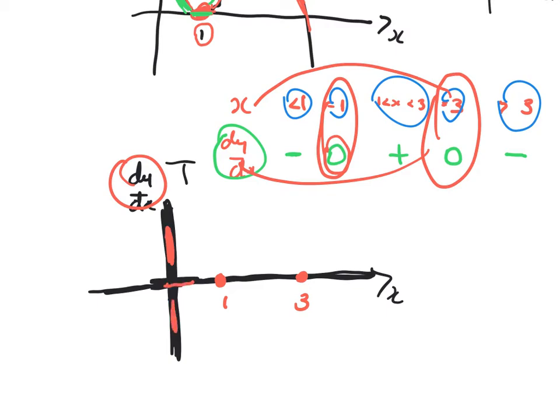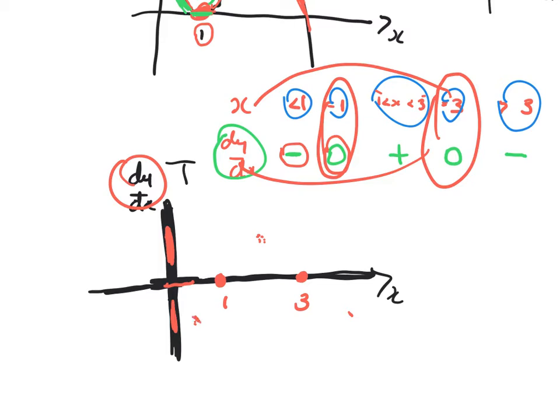Now before I get to 1, what I know is that the gradient is negative. So before I get to an x coordinate of 1, the gradient is negative. Now that means that I would have to be below the x-axis, maybe somewhere around about here. Between 1 and 3, I know that the gradient is positive, so that would need to be above the x-axis, somewhere here. And after 3, I know that the gradient is negative, back down here.